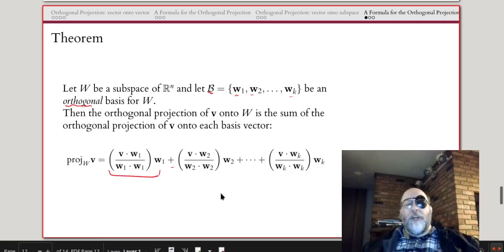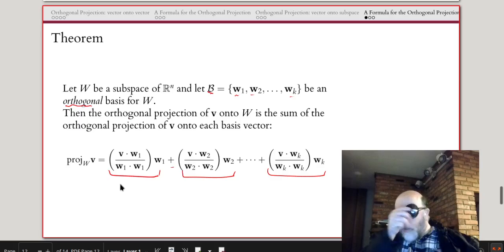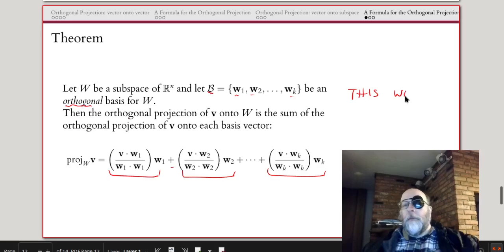So this is the projection onto w1, the projection onto w2, the projection onto wk, and we just add them all together. But beware, this works only if the basis is orthogonal.